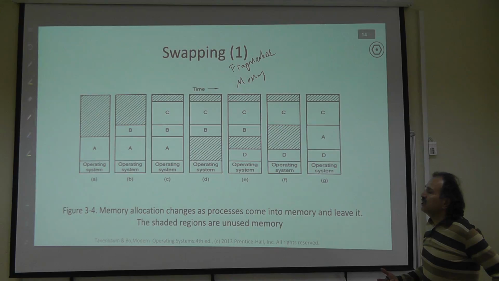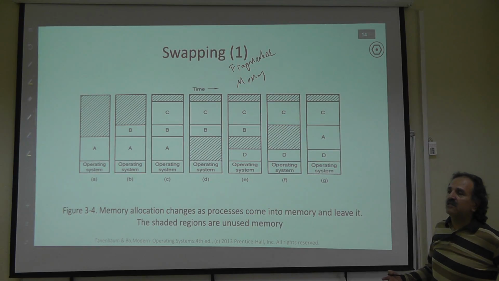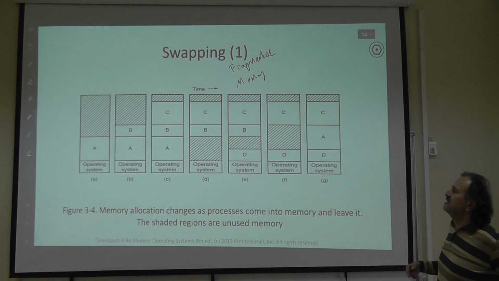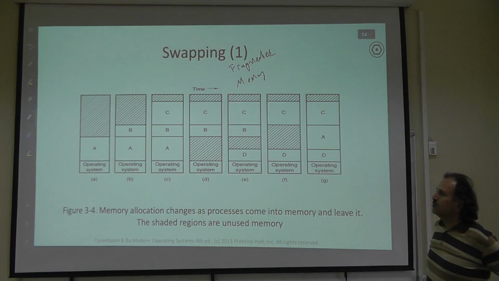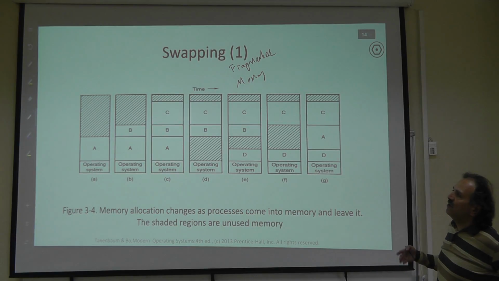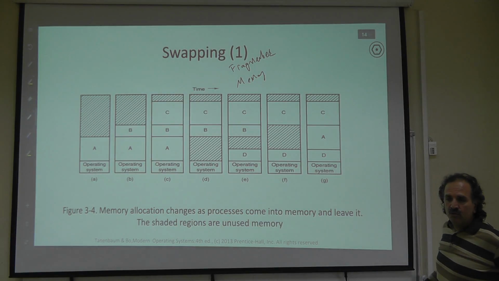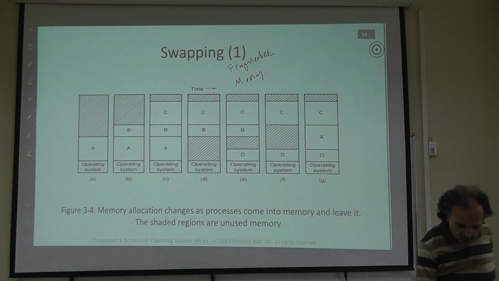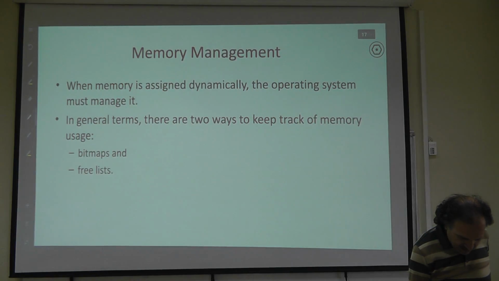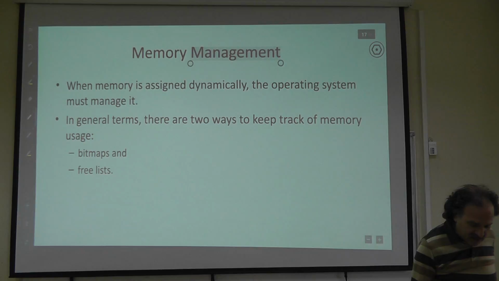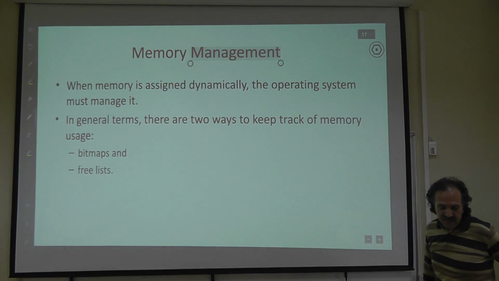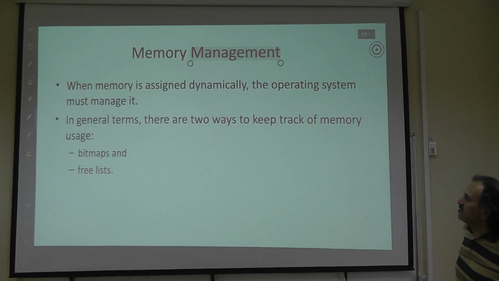I should keep some kind of data structure that keeps this information, what parts are occupied and what parts are empty, so that when a new process is loaded to the memory, I would know which part I should choose. That's a memory management issue. When memory is assigned dynamically, the operating system must manage it.